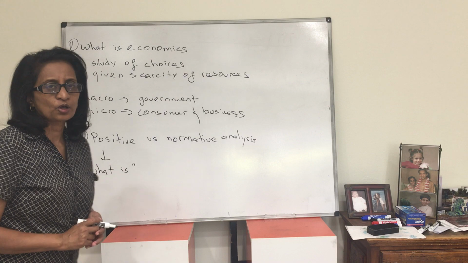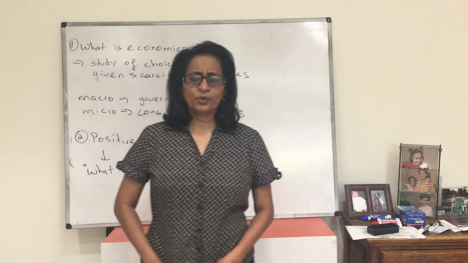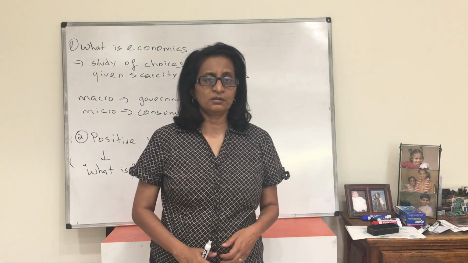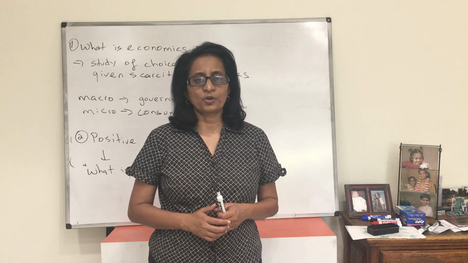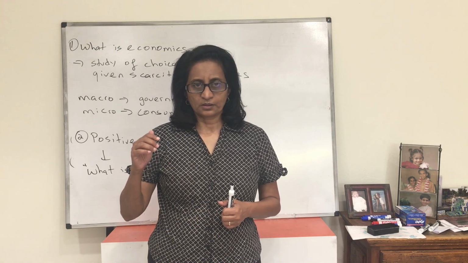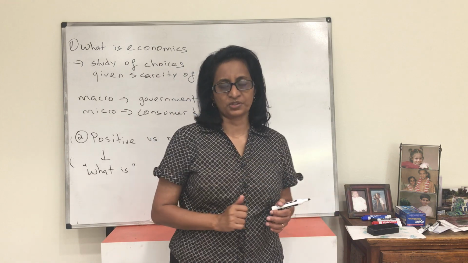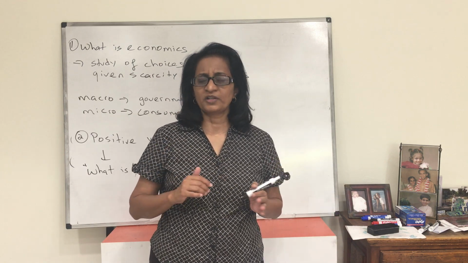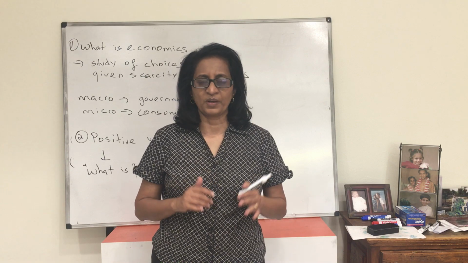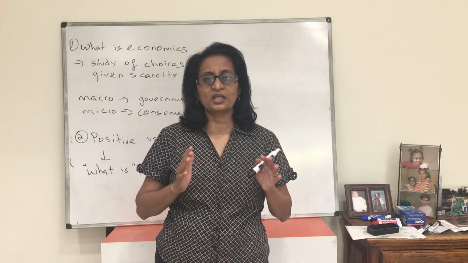What is the unemployment rate? If the unemployment rate is 4%, 5%, 10%, what is it? If the unemployment rate is 10%, you say the unemployment rate is 10%. That is a positive analysis. That means it's what is, based on data, based on logic.